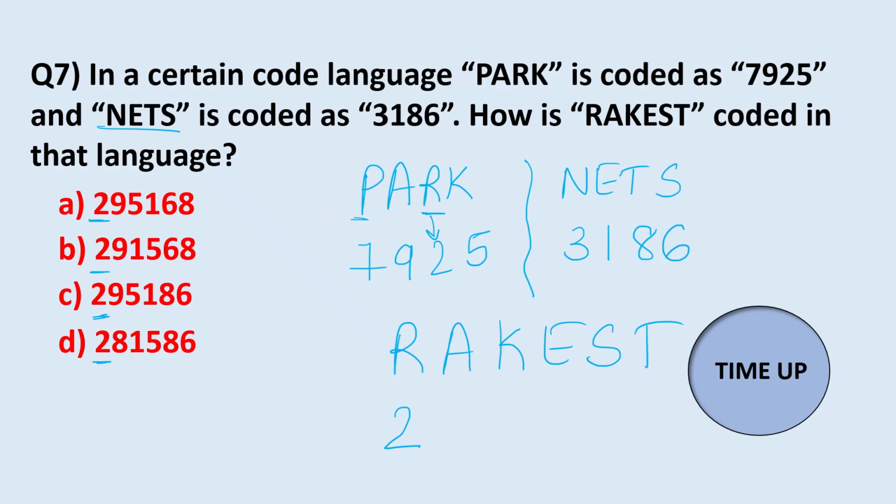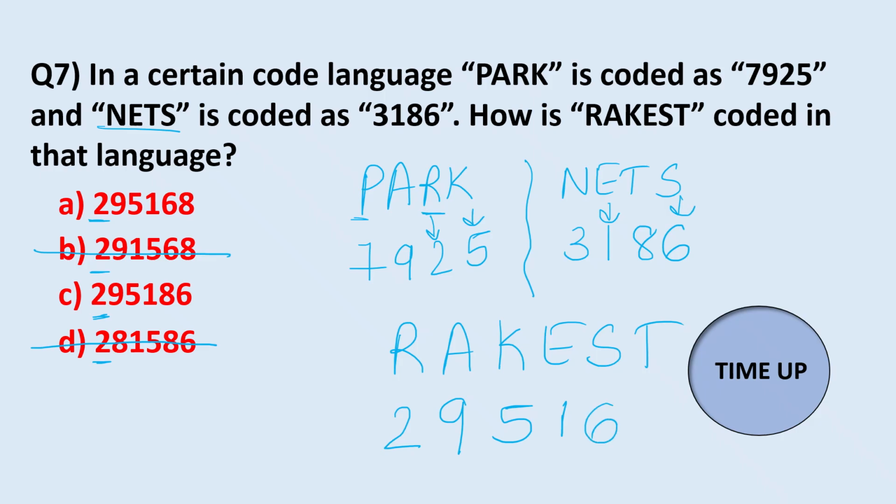A is coded as 9. So 2, 9. Option D is eliminated. K is coded as 5. So 295. Option B is eliminated. E is coded as 1.